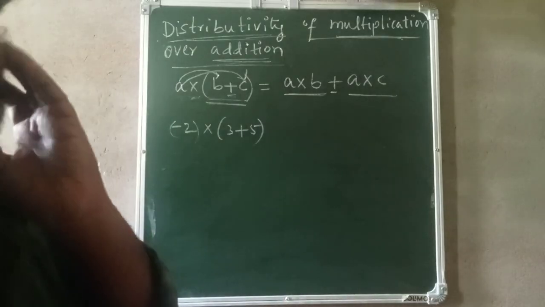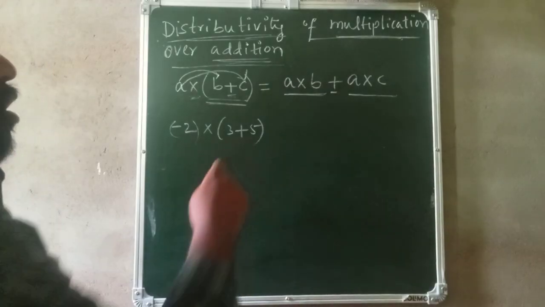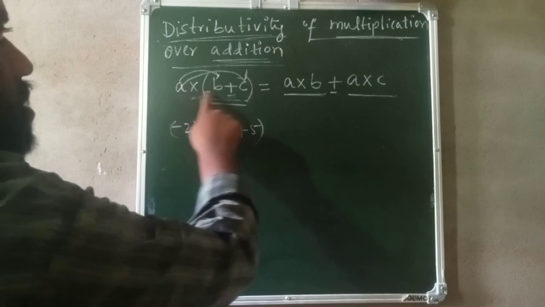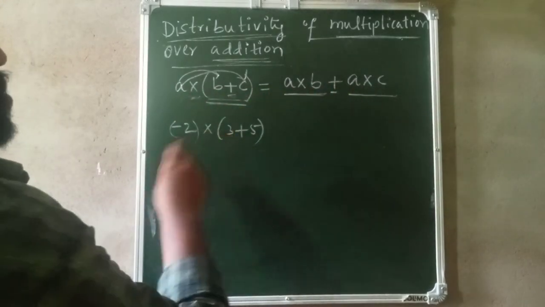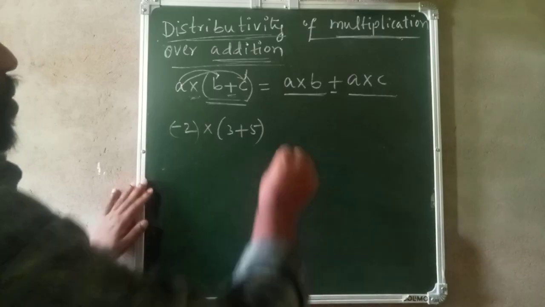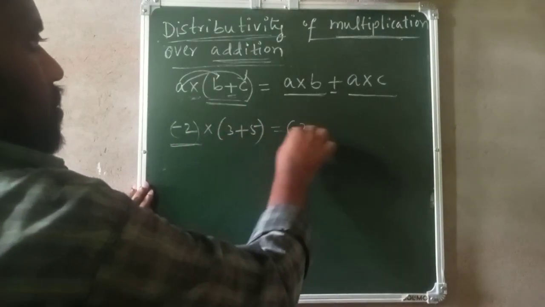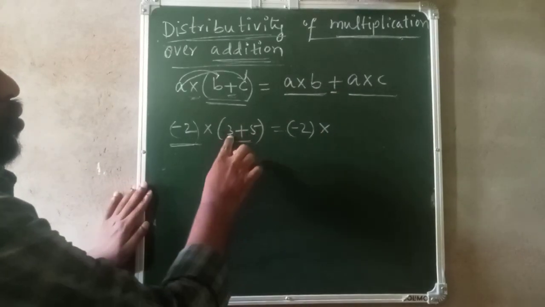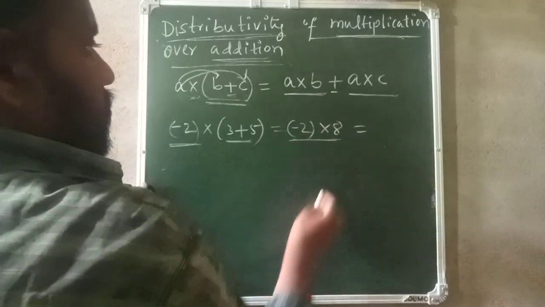So usually, normally, how will we solve this? See, without using this property, how can we solve this? Usually what we do, that is equal to, we write this minus 2 first, next into, next we add these two. 3 plus 5 is 8, then we multiply.